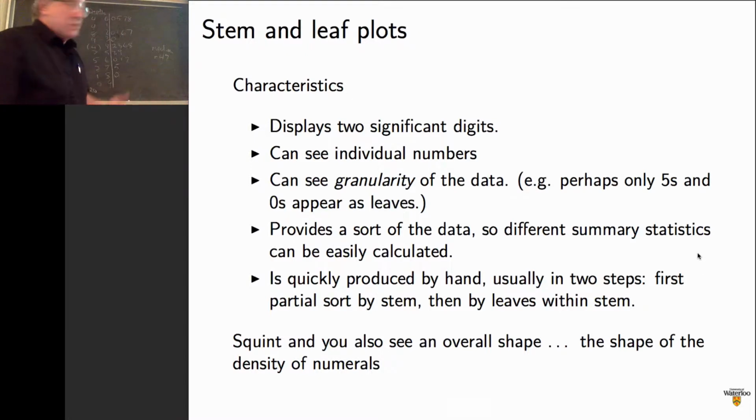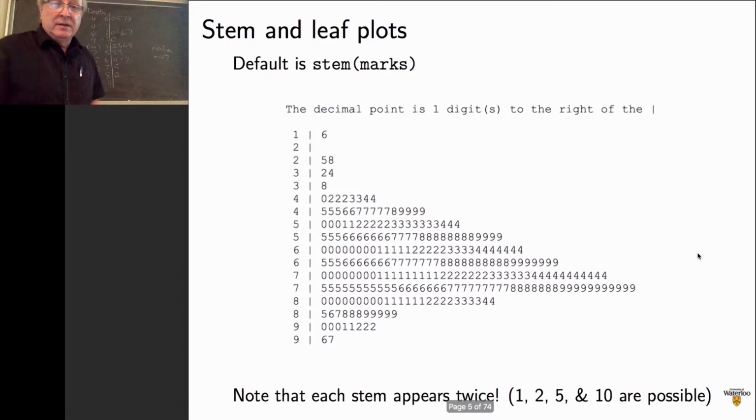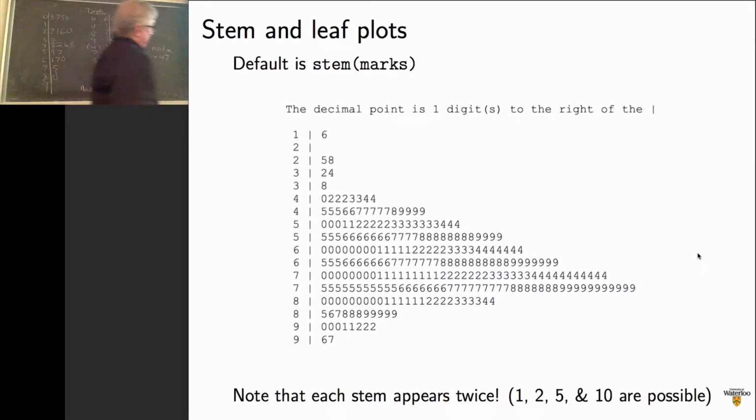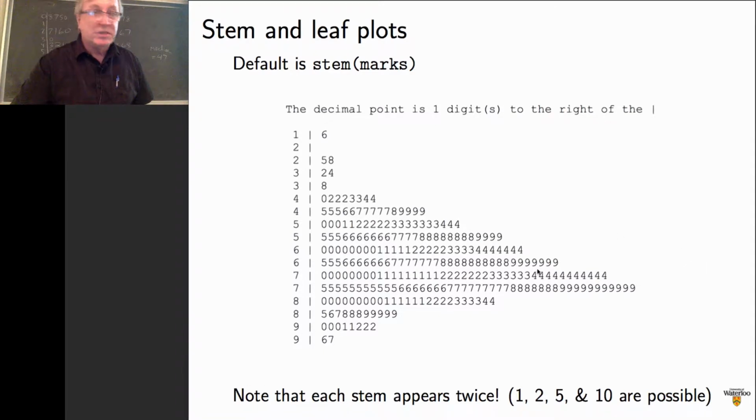So we can also see the granularity of the data. You can see in this class, pretty much any mark seems to be possible. If you only saw the right-hand side, if you only saw 5s, you'd know that I was marking to the nearest 5, right? That's the granularity of the data.